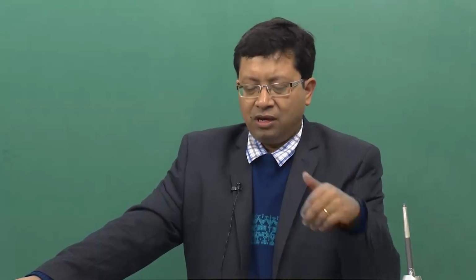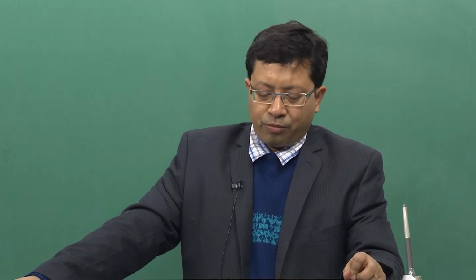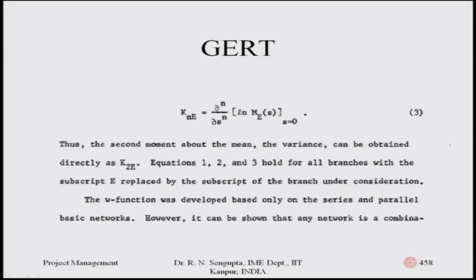So, in a similar way, we can do using that same concept. Thus, the second moment about the mean is the variance. So, the second moment has to do with the variance, the third moment with the skewness, and the fourth moment with the kurtosis. So, I am trying to bring a simile to the concept of probability.